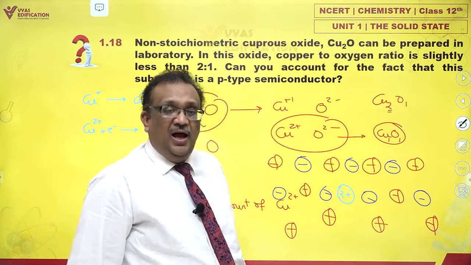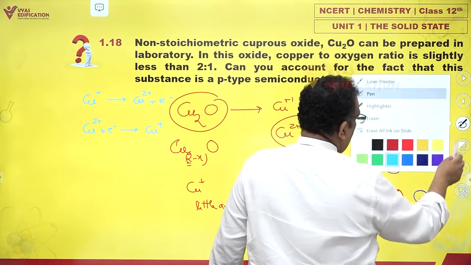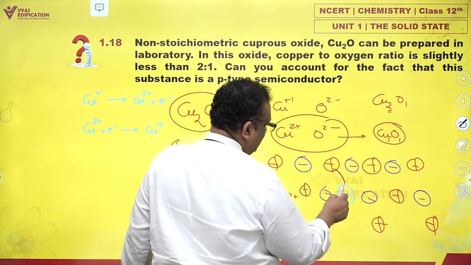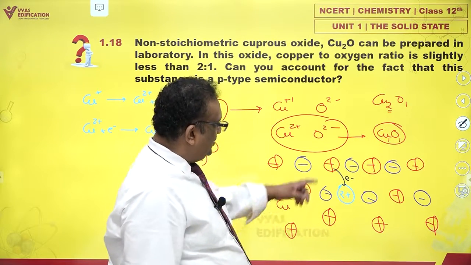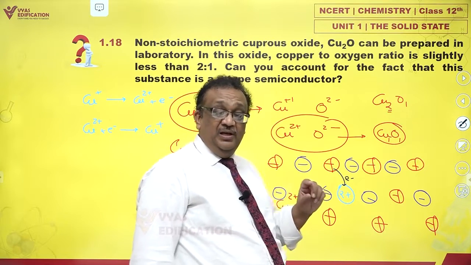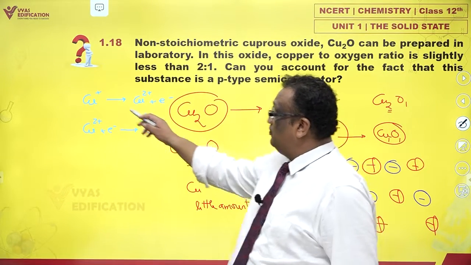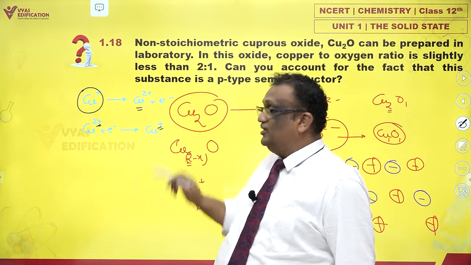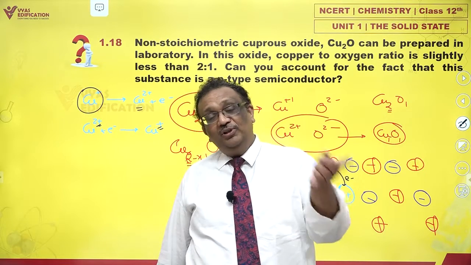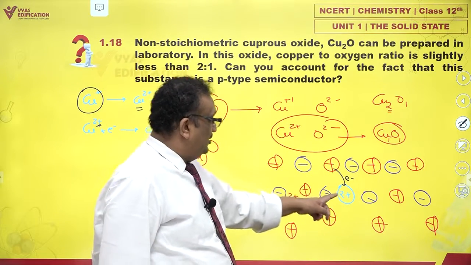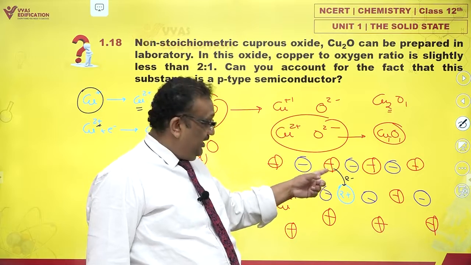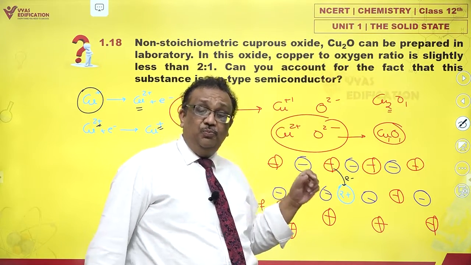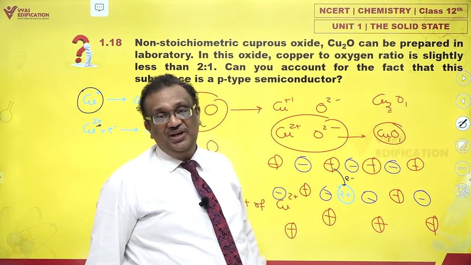What is going to happen is that as an electron jumps from copper +1 to +2, whatever was +1 now changes to +2, and whatever was +2 now changes to +1. So before the jump, there was one Cu2+ and one Cu+. Even after the jump, there will be one Cu+ and one Cu2+, but their positions are exchanged.